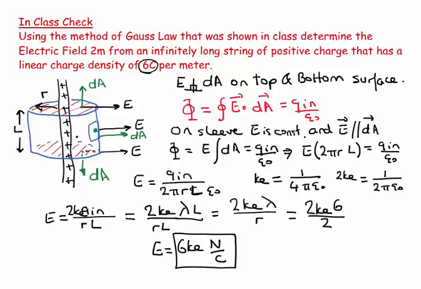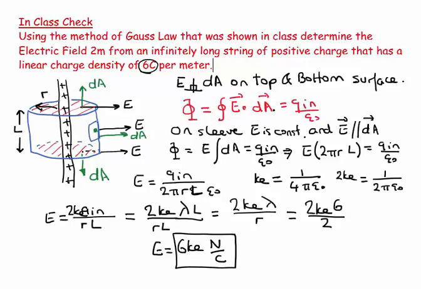So it's a different Gaussian surface, but the approach is the same. I tried to pick a Gaussian surface where my E is constant on that surface, and where either E was parallel to dA or E was perpendicular to dA.